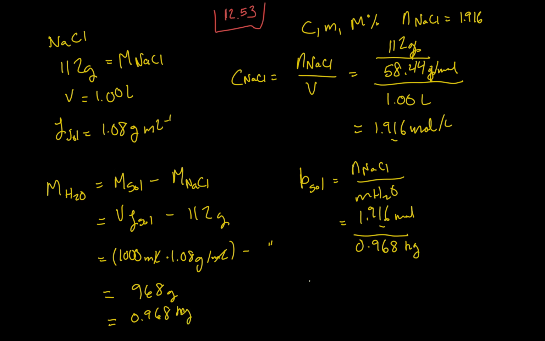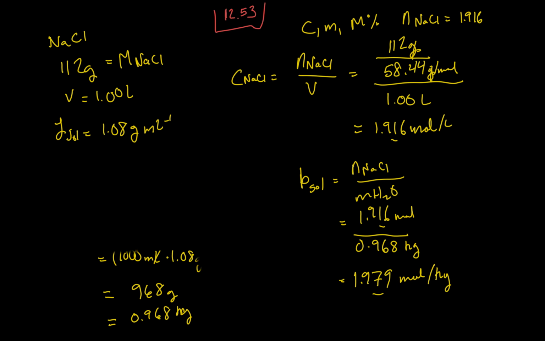Okay, and we got a total molality of 1.979 moles per kilogram, and we'd again be confident in our 3rd digit there. Okay, those are done. You definitely see molality a lot more in the upper years. They describe molarity as a treacherous variable because the volume varies with the temperature.